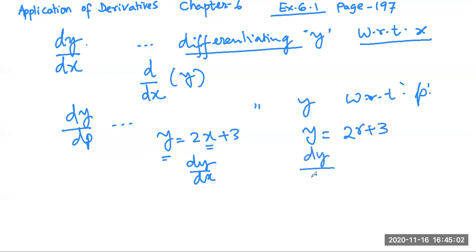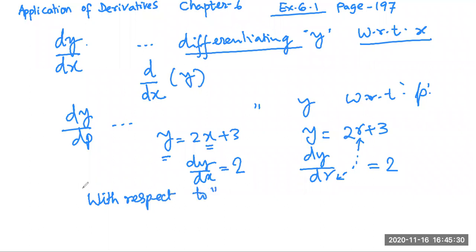We do dy by dr. So the variable is important, and the variable is what we write here. When you do dy by dx, you get the answer 2 for 2x. For this, dy by dr is also 2 because r is a variable. So that "with respect to" is the important bit here.